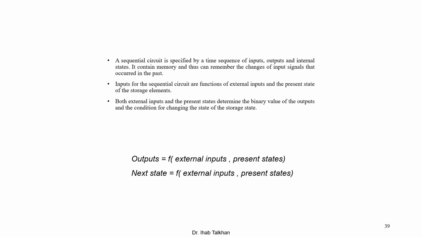Both external inputs and the present state determine the binary value of the output and the condition for changing the state of the storage elements. So actually you can say output is a function of external inputs and present state, and next state is a function of external inputs and present state. This summarizes what we mentioned in the previous slide.